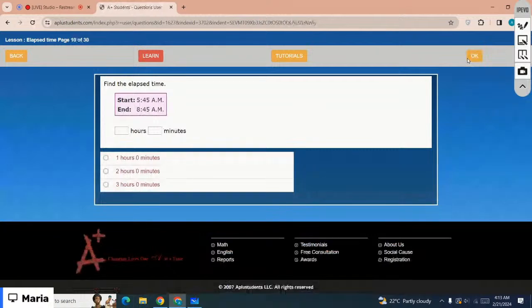The next one is find the elapsed time 5:45 a.m. and is 8:45.